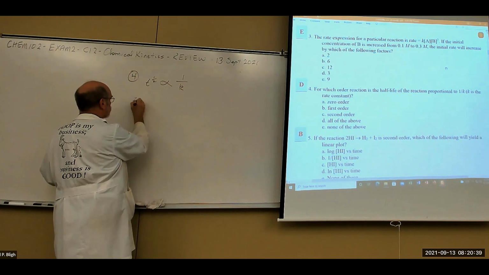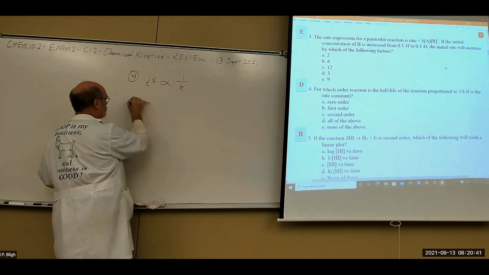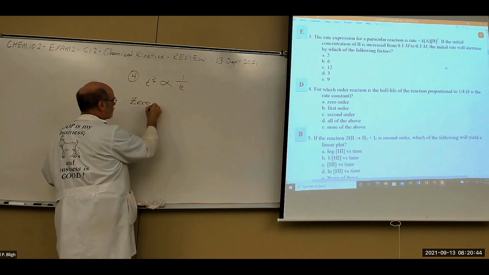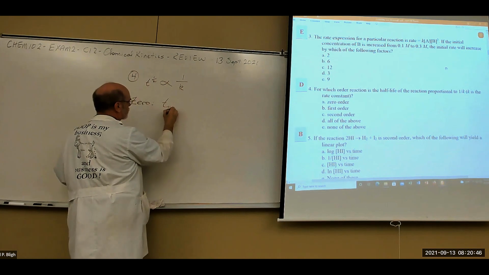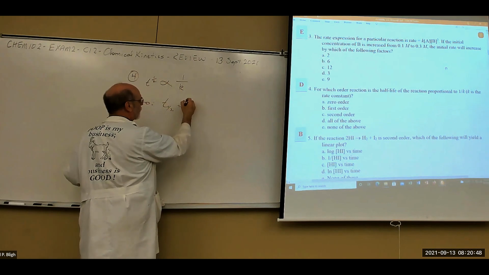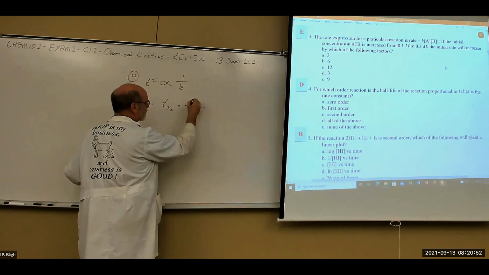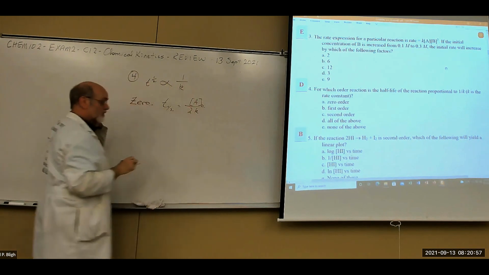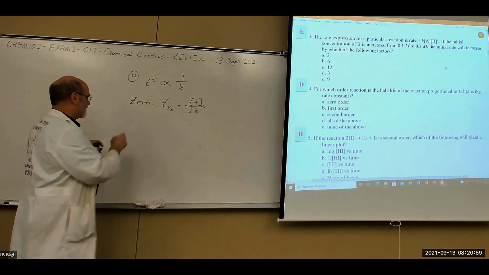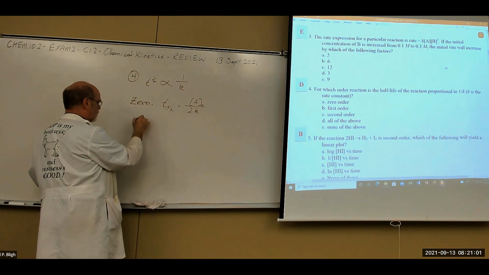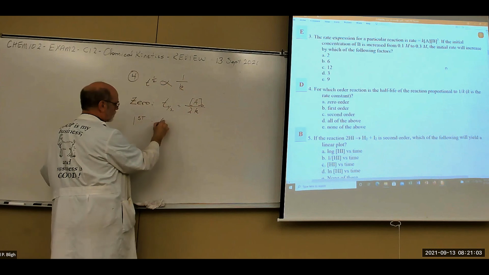For 0 order, the half-life is equal to what? A naught over 2K. This is the initial concentration of A.